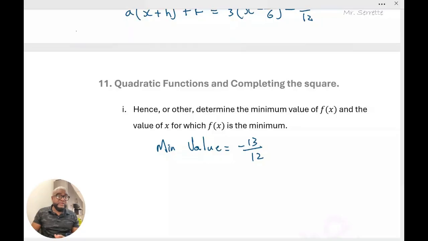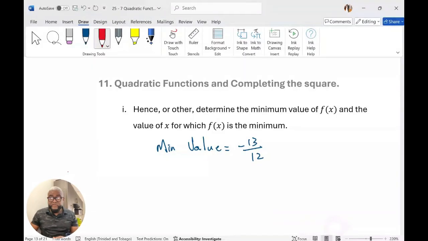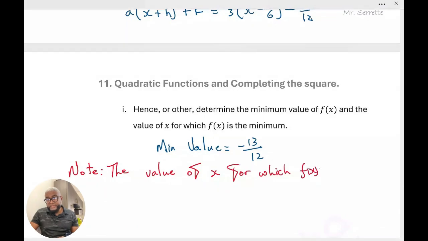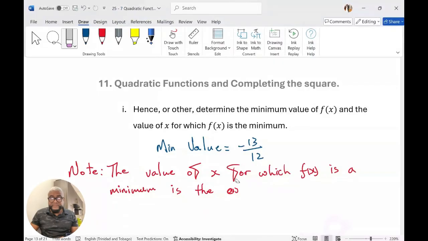Then they proceeded to ask us what is the value of x for which f of x is the minimum, right? Write this as a note one time. I gave you the above, but I'm putting it back, right? The value of x for which f of x is a minimum is the equation of the axis of symmetry. Both of them are the same thing they're asking for, right?